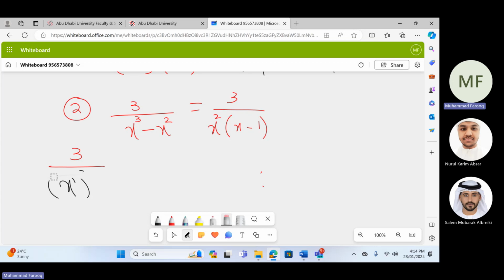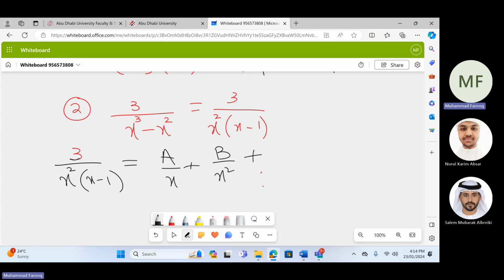So we put x in this category. It is coming 2 times. So x squared and then x minus 1. Kindly, whenever you have x power 2, don't treat it as a quadratic factor. It's a linear factor coming 2 times. So A over x power 1, plus B over x power 2.